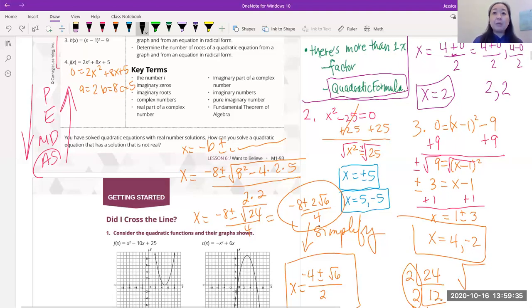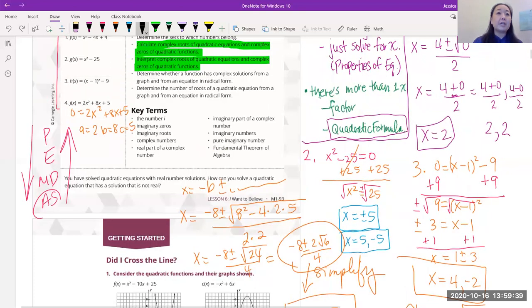And then for the last one, number 4, we were going to try and factor that, because remember we have x's in 2 different places. Let me just write it over here: 2x squared plus 8x plus 5. What I would try first is, my coefficient is 2, so I know it's 1 times 2.